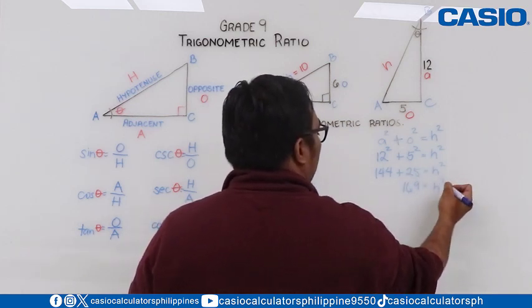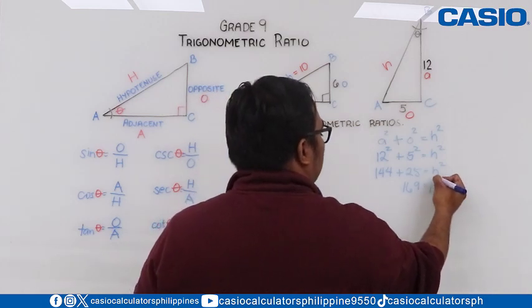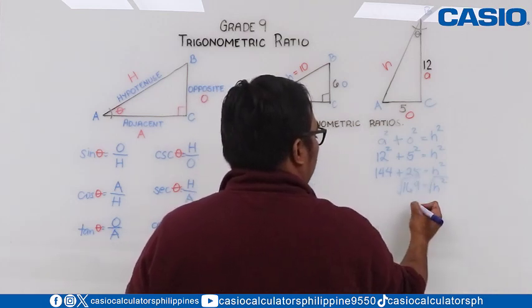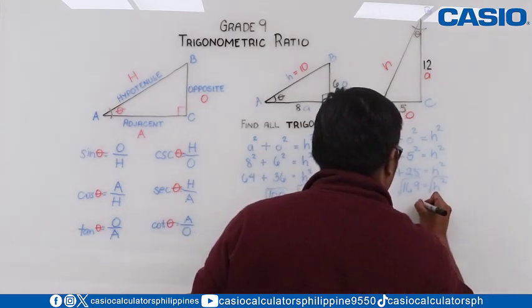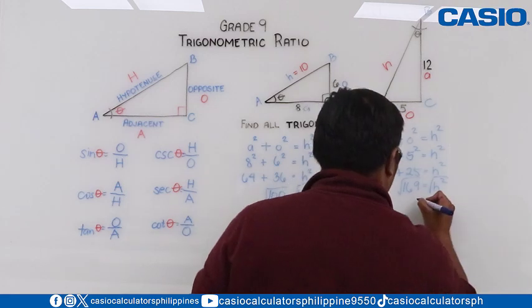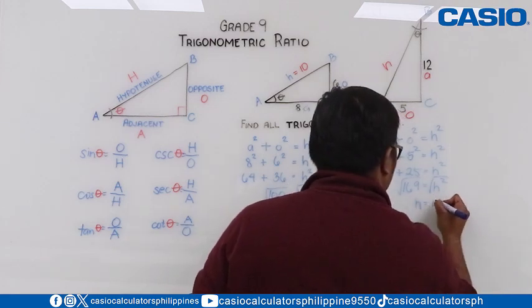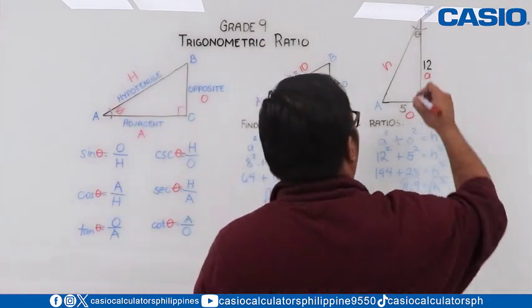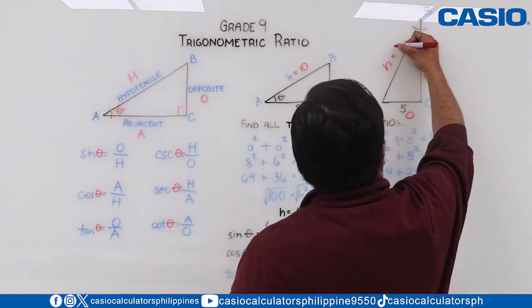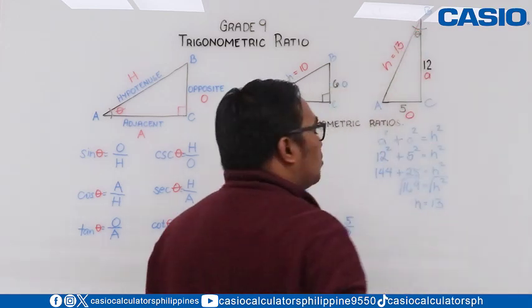And then, we extract the root of both sides of the equation to get our value of h to be equal to 13. Okay? So now we have our value of h, and that is 13.